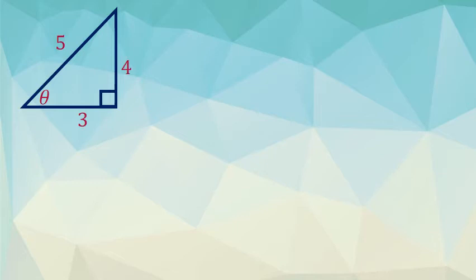Let's think about the ratios of these sides, the opposite, hypotenuse and adjacent values of the sides in relation to theta. Let's have a look at opposite over hypotenuse, adjacent over hypotenuse, and opposite over adjacent.